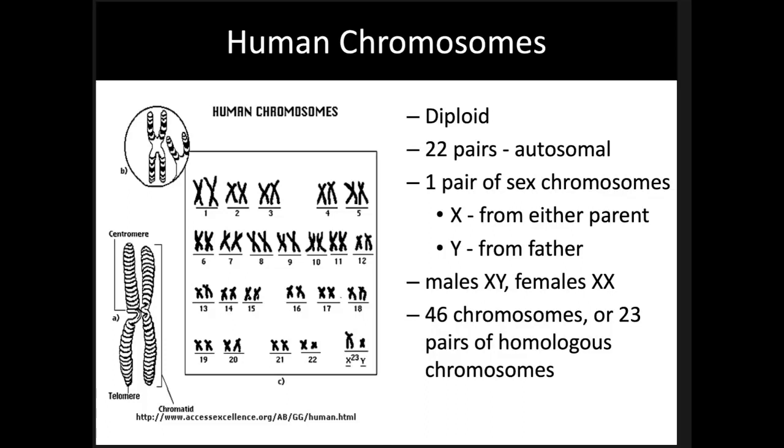Human autosomal chromosomes are what we call diploid, and anytime you hear ploid, what we're talking about is the complement of chromosomes. So cells that have pairs of homologous chromosomes, those cells are diploid. So 23 pairs of homologous chromosomes, those are diploid.